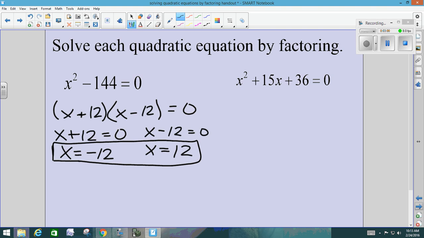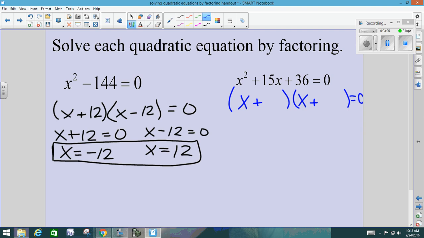All right, number 2. Is it set equal to 0? GCF? Okay, then let's just factor it. Val, what are my signs going to be? Good. Since the first 2 are plus plus, then I know these ones have to be plus plus.